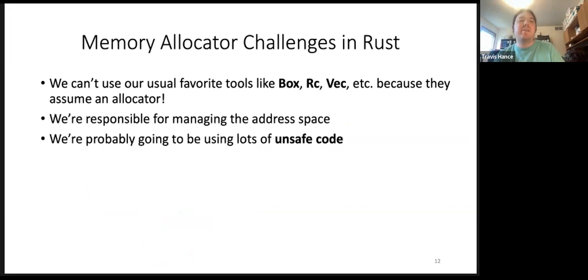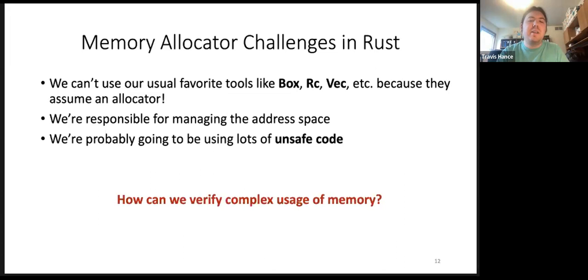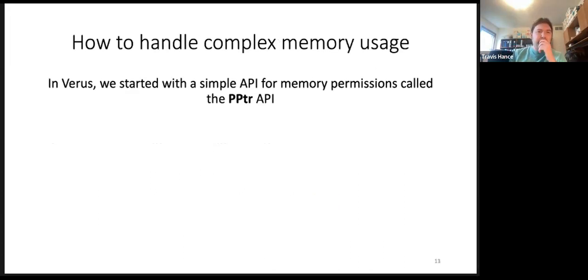Instead, as memory allocator developers, we're responsible for managing the address space ourselves, and as a result, we're probably going to be using lots of unsafe code. And so in order to explain how we're going to tackle this challenge, I have to explain how Verus lets us handle memory permissions.